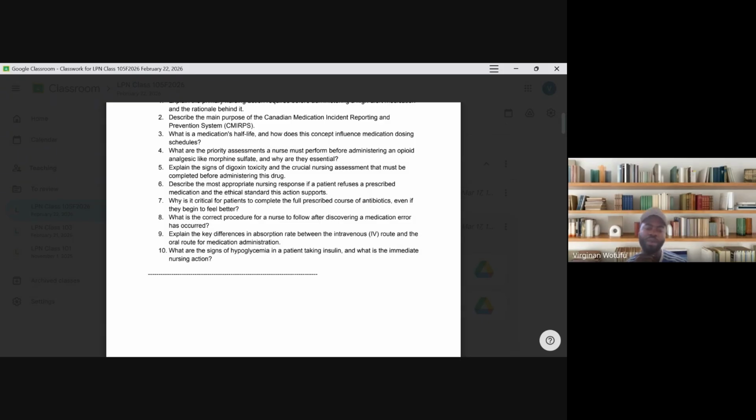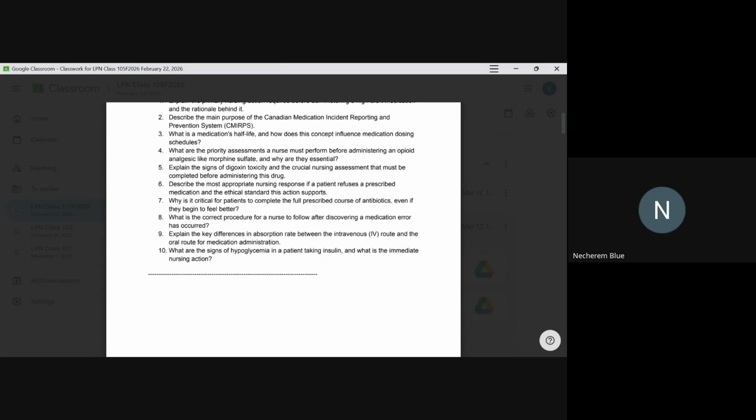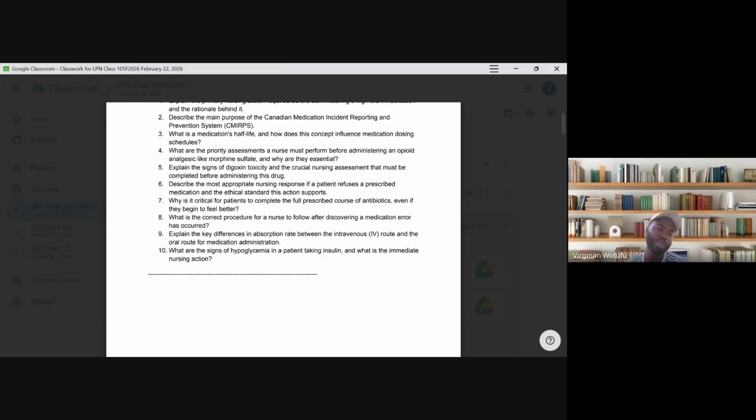The patient taking insulin, it means the patient is diabetic, right? Yes. So a diabetic patient, you have hyperglycemia, right? So how can a hyperglycemic patient become hypoglycemic? It sounds contradictory, right?